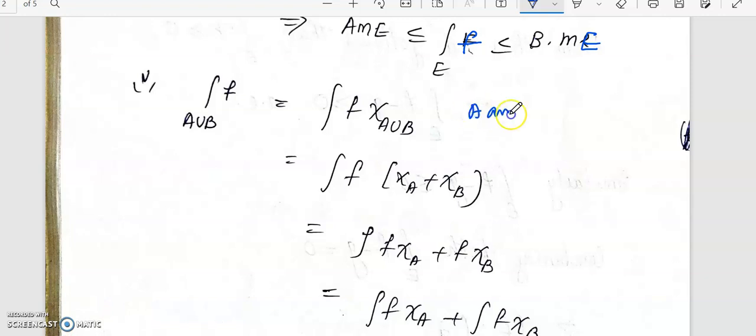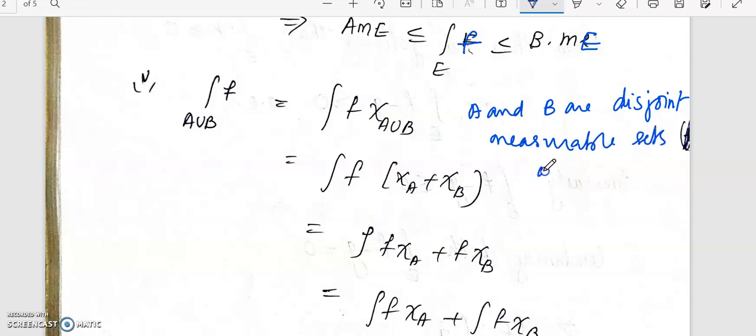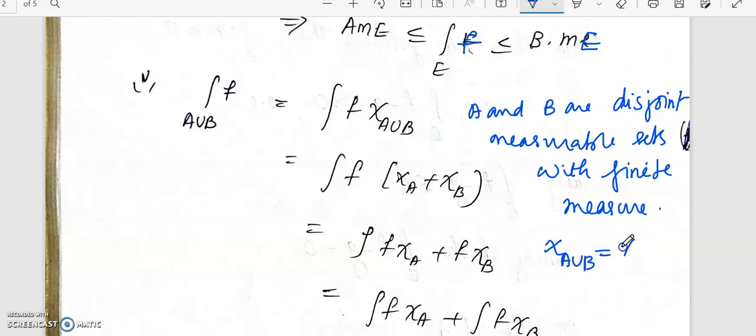We are given that A and B are disjoint measurable sets with finite measure. Now if A and B are disjoint, then by the property, chi of A union B will be equal to chi of A plus chi of B.